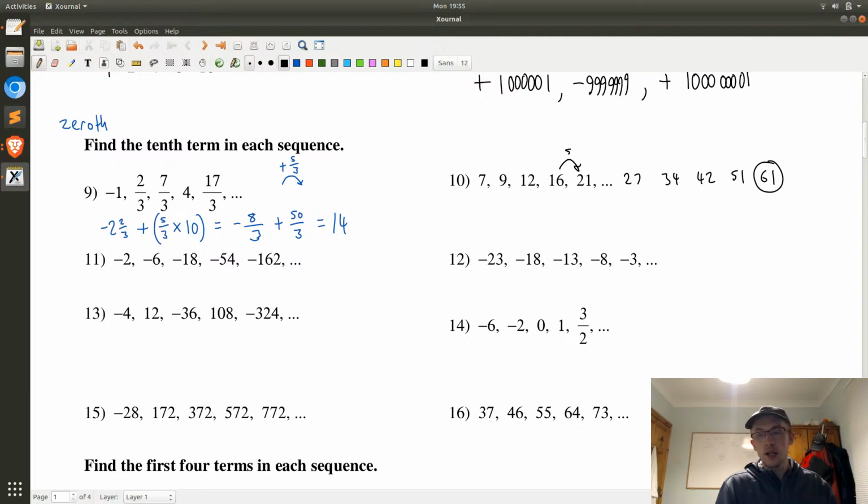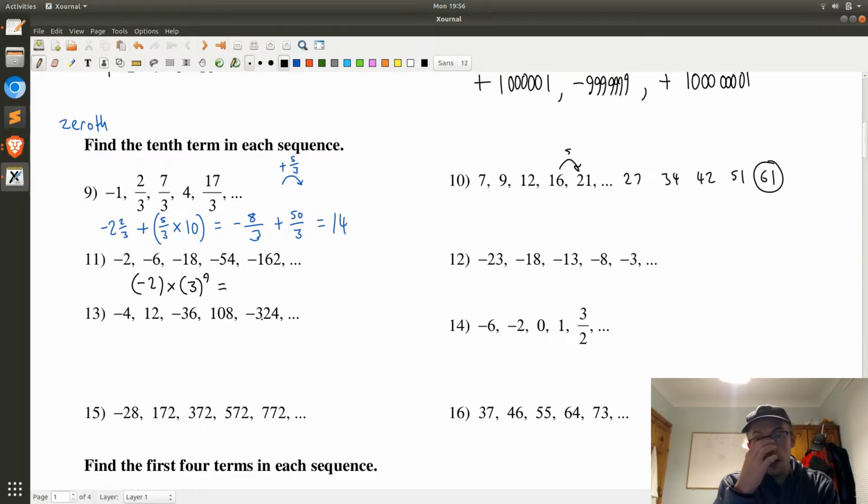Think of being on the first stair on a flight of stairs, and they say go to step 10. You're going to be like, okay, I need to just go up by 9 steps. Okay, so -2, and we're going to multiply that by 3 to the 9.